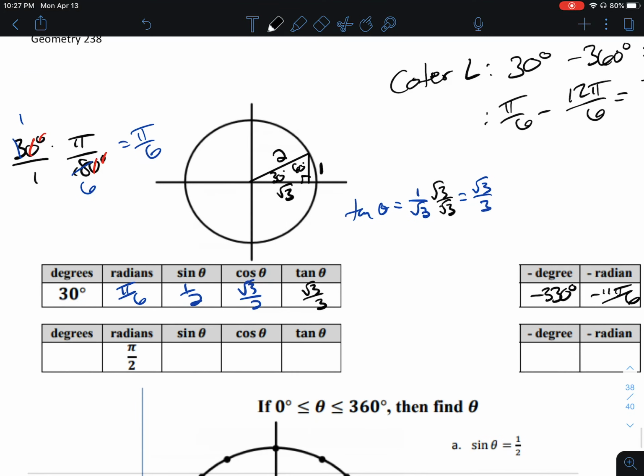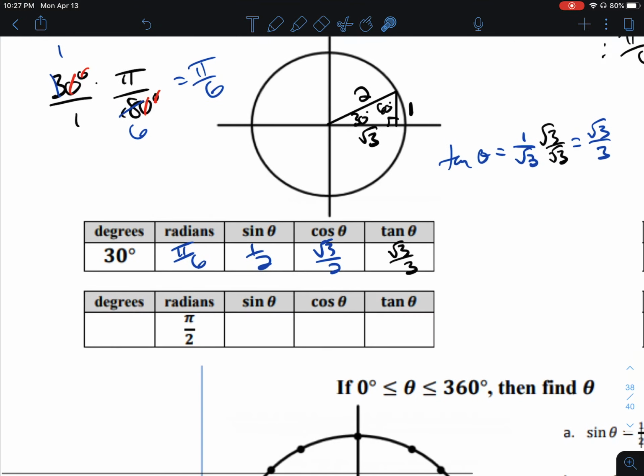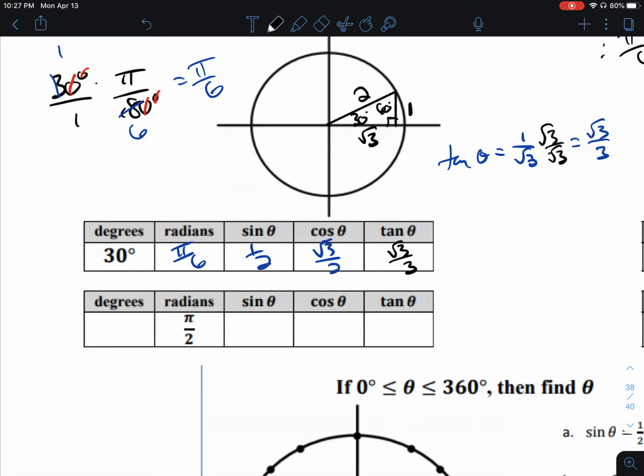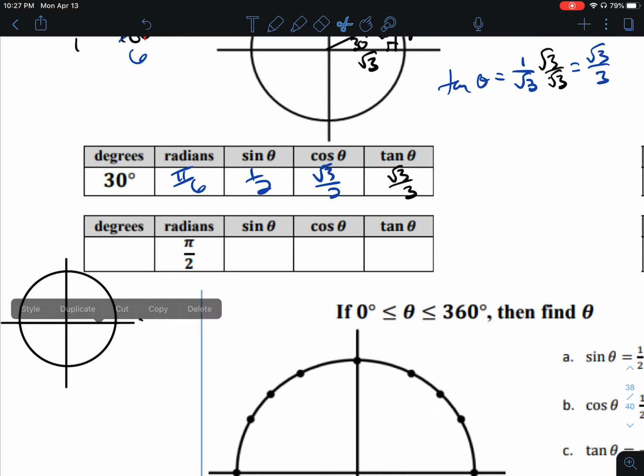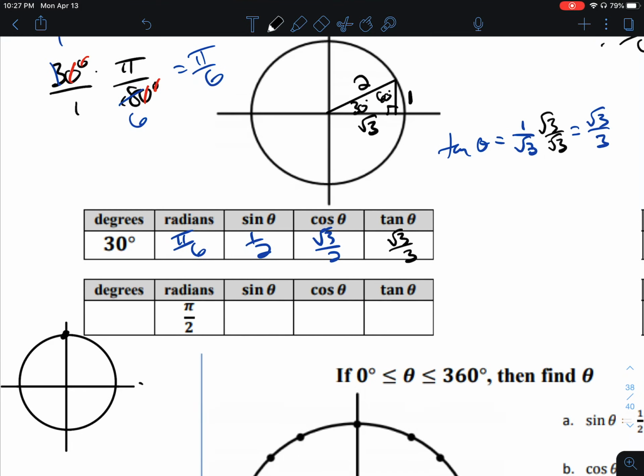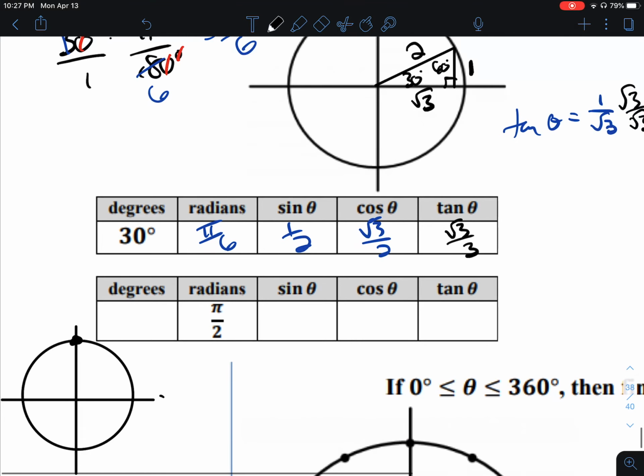Now we're supposed to do pi over 2. Let me draw a triangle for this. Pi over 2, hopefully you know by now, is on the positive y-axis. Now, if you have a quadrantal angle, you cannot make a special triangle, which makes this even easier.